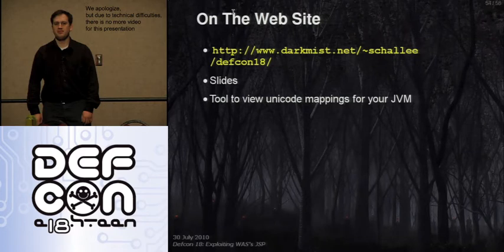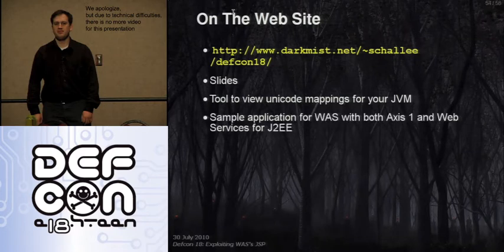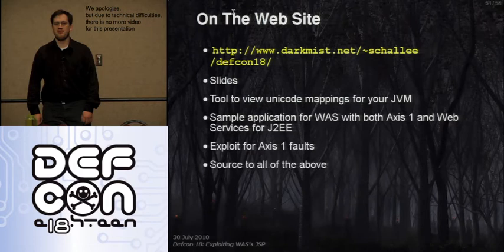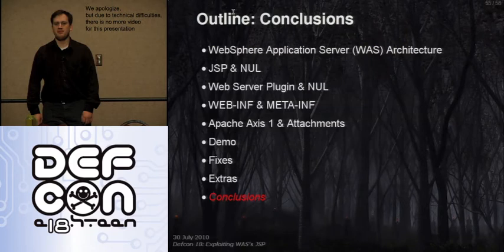It actually reveals some other issues with the IBM JVM if you're interested. There's also a sample application that has nice URLs to try this on your own. Obviously, you'll need to download the trial if you don't have WAS yourself. There's also an exploit for the access1 faults that I showed you, with the source code for all of the above. So there's a lot in there, and you're more than welcome to send me email on this and tell me that my code sucks. I would appreciate that, actually.